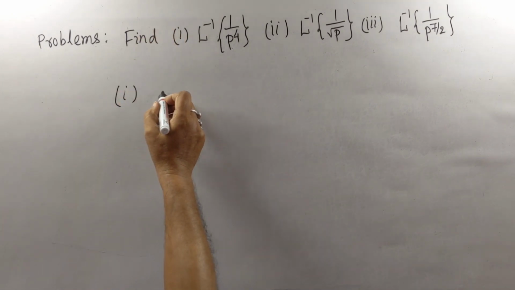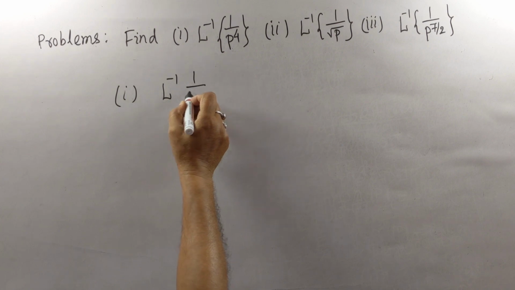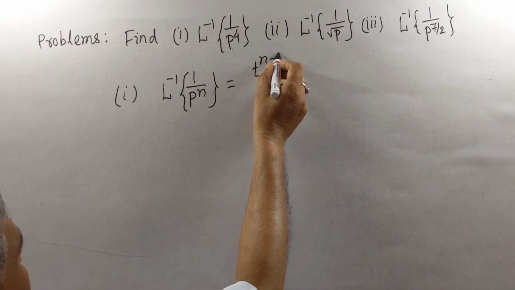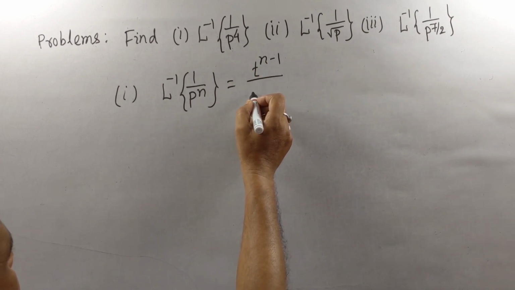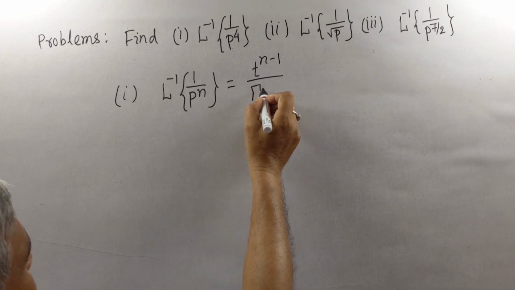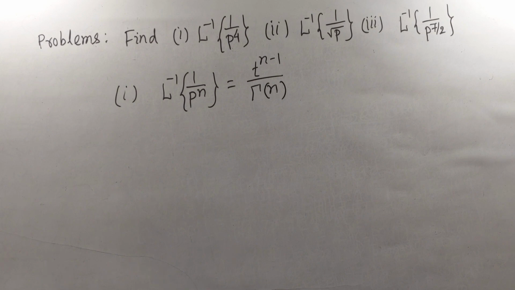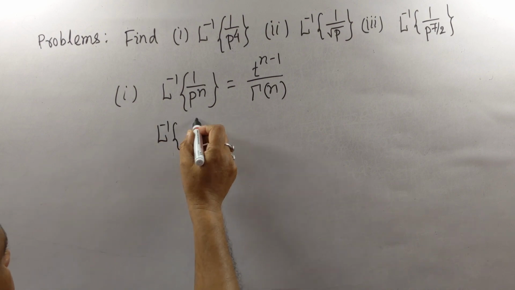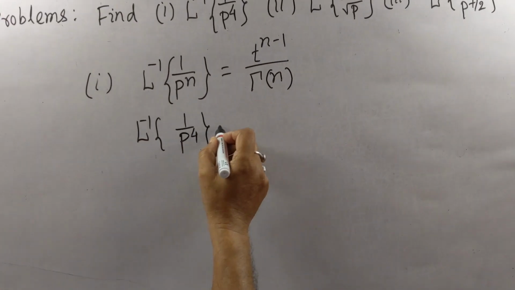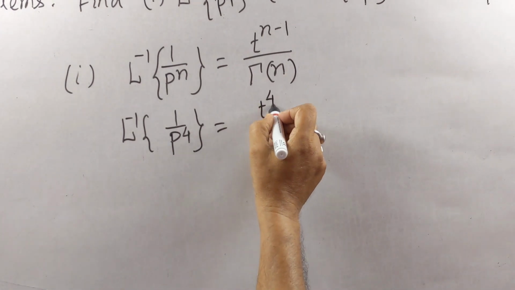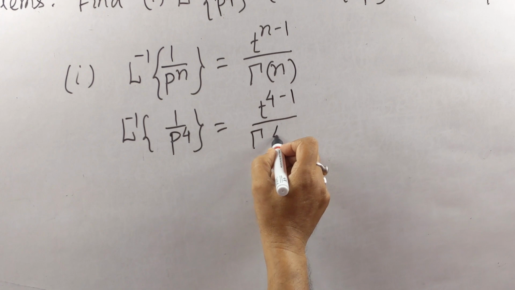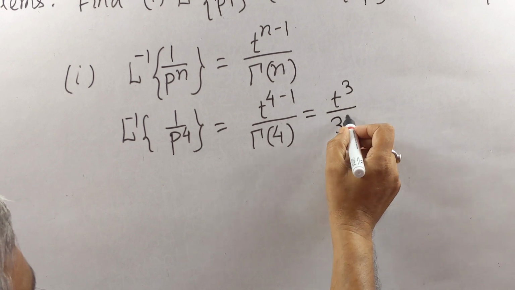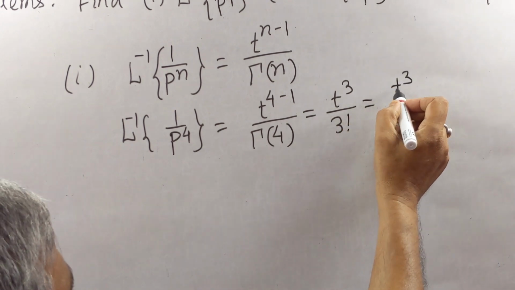Since we know the formula L inverse 1 by p to the power n equal to t to the power (n minus 1) by gamma function n, here L inverse 1 by p to the power 4 equal to t to the power (4 minus 1) by gamma 4, equal to t cube by factorial 3, equal to t cube by 6.